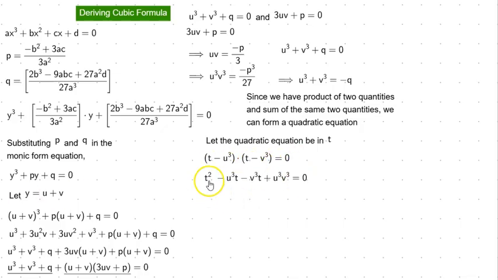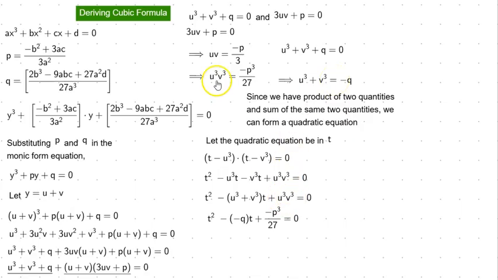Now opening this up, we get t square minus u cube t minus v cube t plus u cube v cube equal to 0. t square minus u cube plus v cube times t plus u cube v cube equal to 0. Now u cube plus v cube is what? It's minus q.